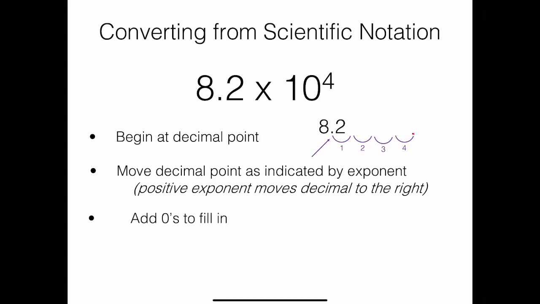We're going to fill in zeros, add zeros to make that number complete. So we are adding 3 zeros to this number. Our final answer is 82,000. So this would be if I'm asking you to write an ordinary decimal number from a number that's already written in scientific notation or standard scientific notation.